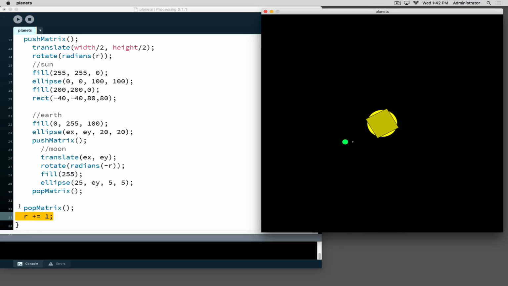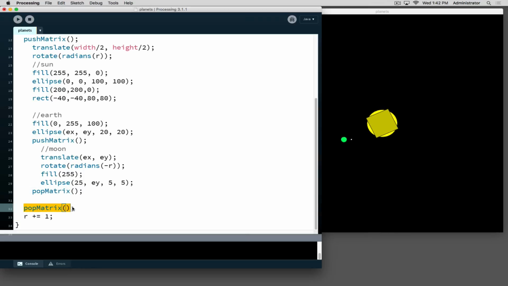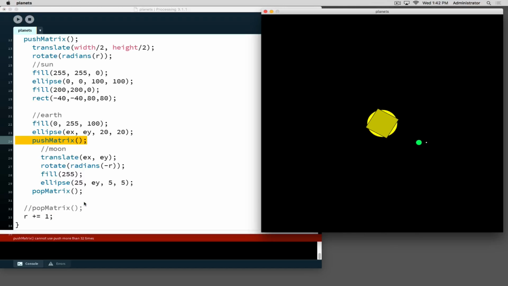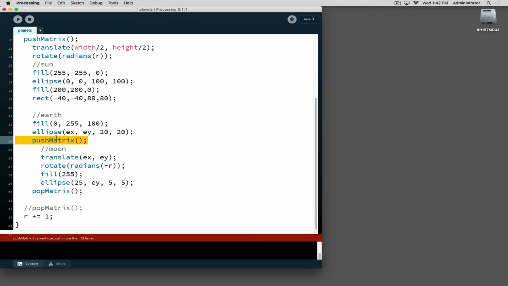So if I say push matrix, the program will crash if I don't have a corresponding pop matrix contained in it. So if I close that out, I'll say cannot push more than 32 times. So I didn't even make it a second. Made it barely a half second before it crashed because it tried to do it one too many times.